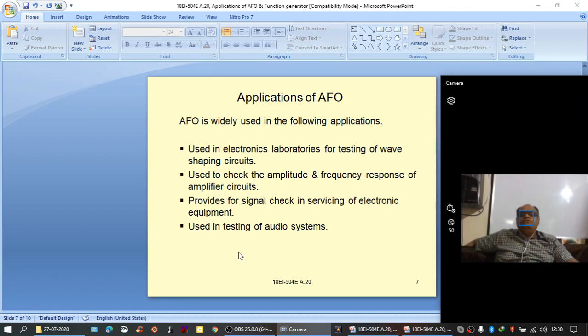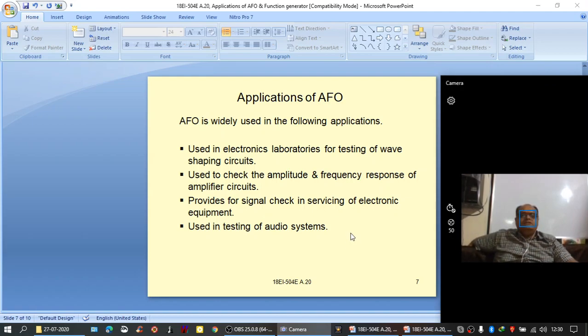Similarly, it is used in testing of audio systems. In audio systems also, AFOs are used for testing the receiver unit.